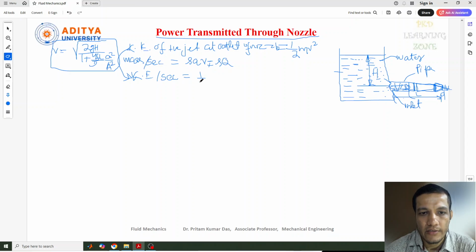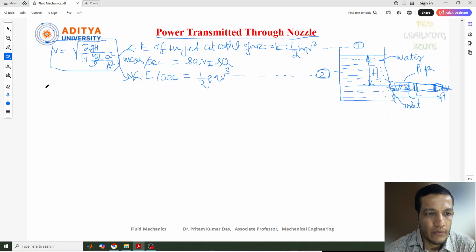So we'll get half rho A v into v square, that is half rho A v cube. This one we give as equation 1, and this is equation 2. So next, what is our intention? Our intention is to find out the power transmitted at the outlet in the nozzle.